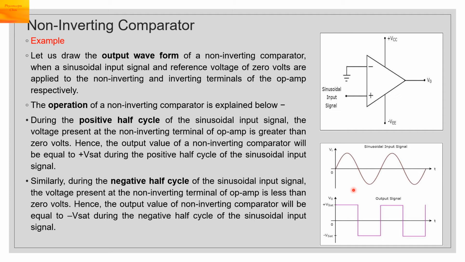During the negative half cycle, the voltage present at the non-inverting terminal will be less than 0 volts. Hence the output will be equal to minus Vsat.